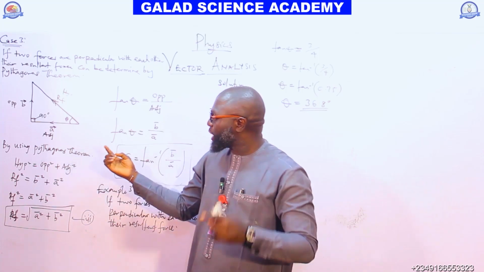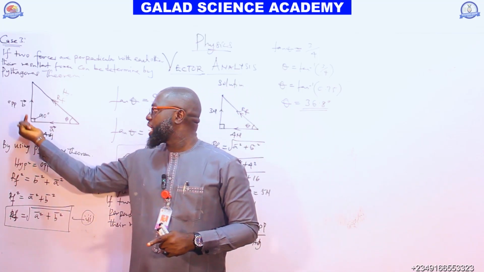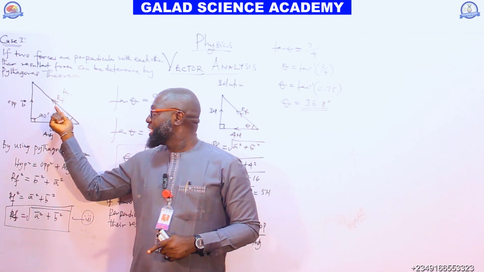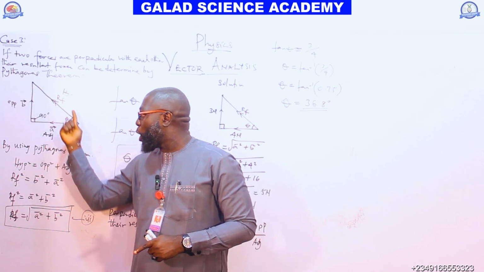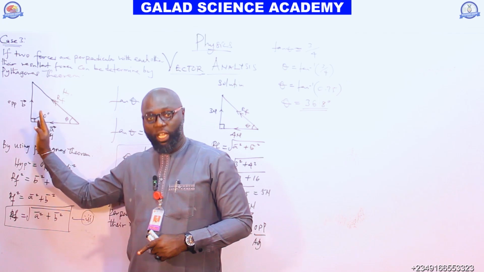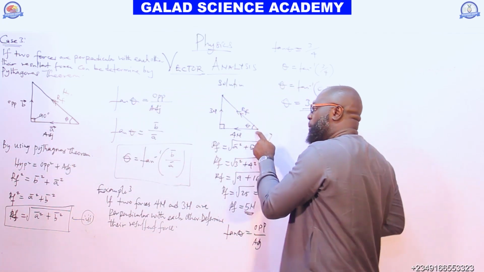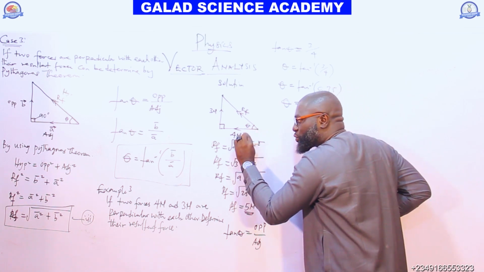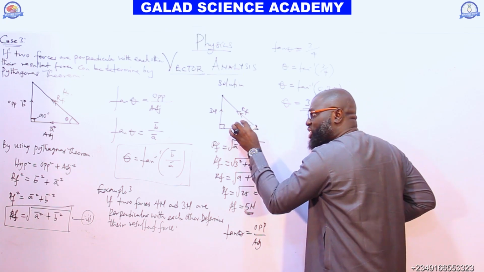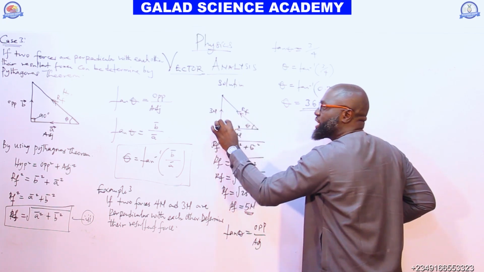You will observe that vector A and vector B face the same direction, but the direction of the resultant force is always opposed to the direction of the two forces in the triangle. Likewise, for 4 Newton and 3 Newton, they face the same direction, but the direction of the resultant force is opposed to the direction of the two other forces in the triangle.